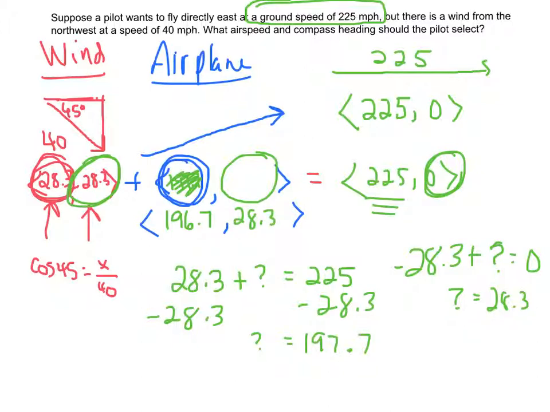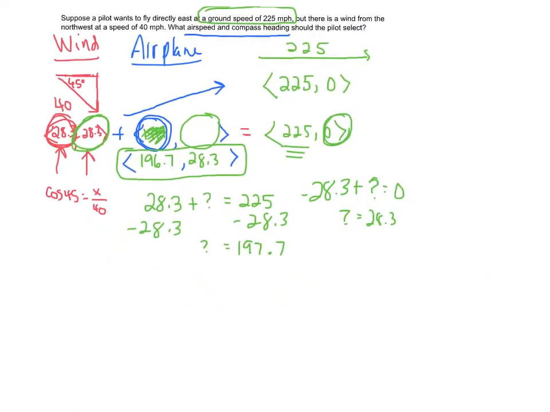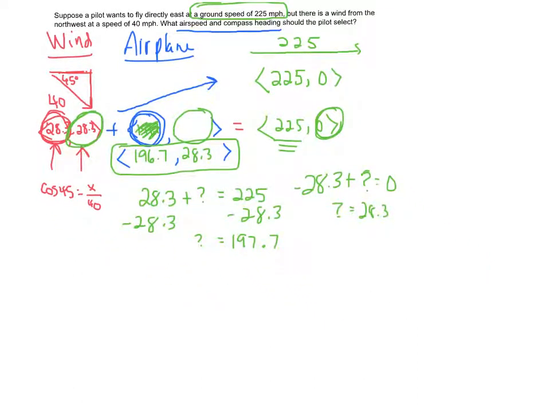So I have my x and y components of our airplane vector. It asks us what airspeed and compass heading should that be. So it's asking for magnitude and direction. So I need a little bit of room to figure this out, so I'm going to give myself some room here.